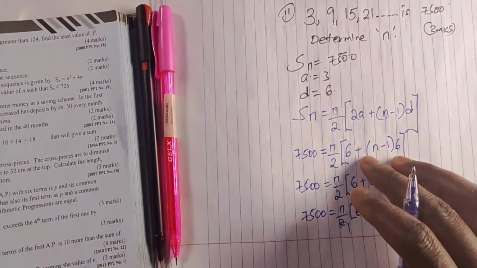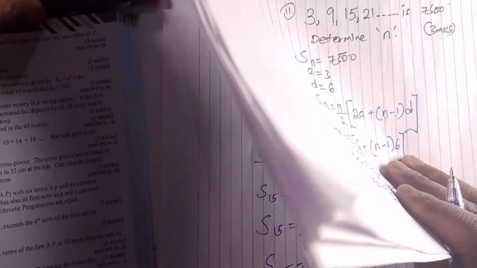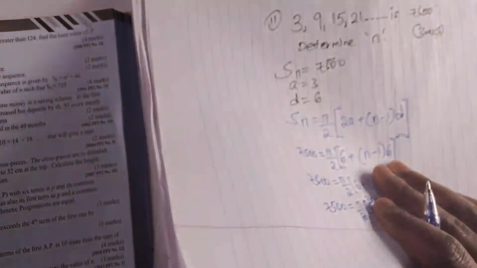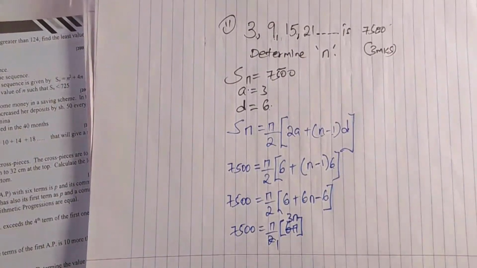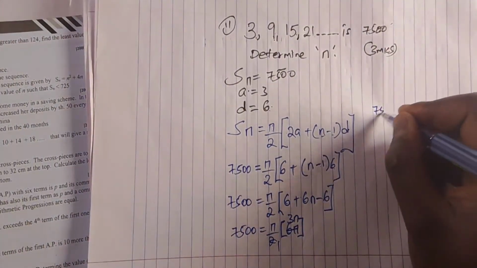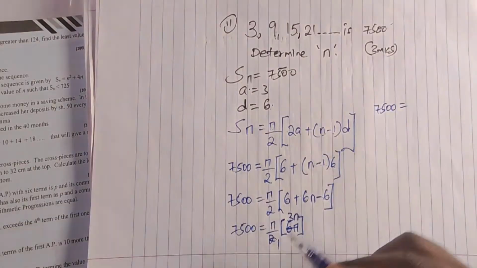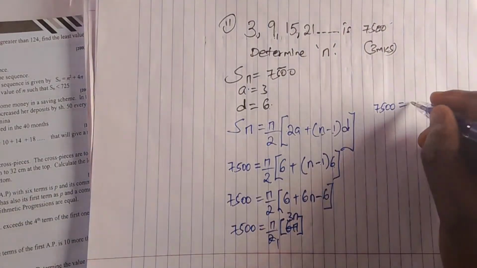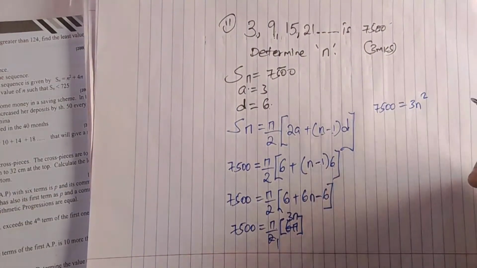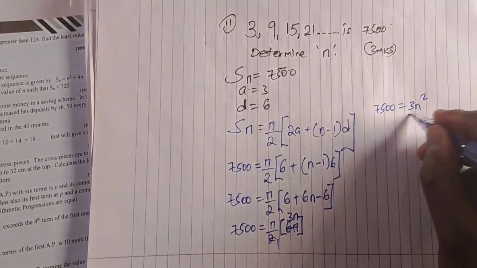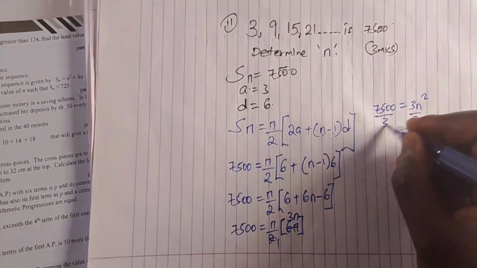So when we get that, 7500 will be equal to n times 3n, which is 3n squared. Then we divide both sides by 3.